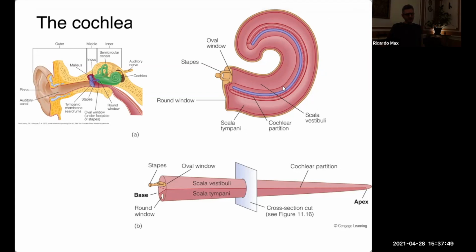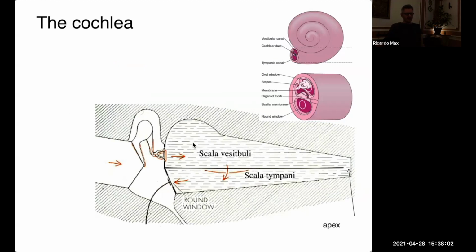So this is the cochlea, and if we unroll it, we have this graphical depiction. This is the oval window, the footplate of the stapes, and we have two separate canals. The upper one is called vestibuli, the lower one tympani, and they are connected at the apex of the cochlea.